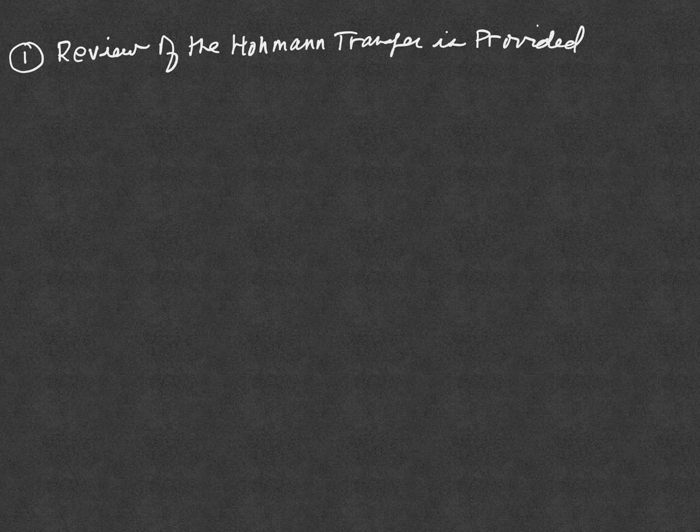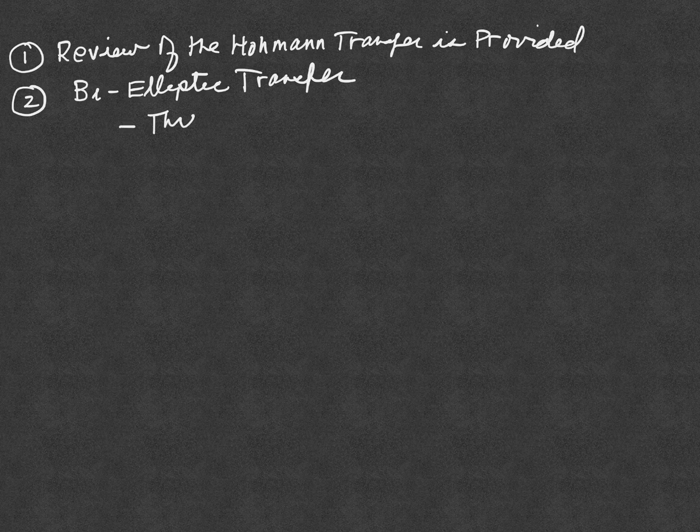Once we review the Hohmann transfer, the main part of this lecture is going to be on the study of the bi-elliptic transfer. Now, the bi-elliptic transfer differs from the Hohmann transfer in that it is a three-impulse transfer, not a two-impulse transfer.